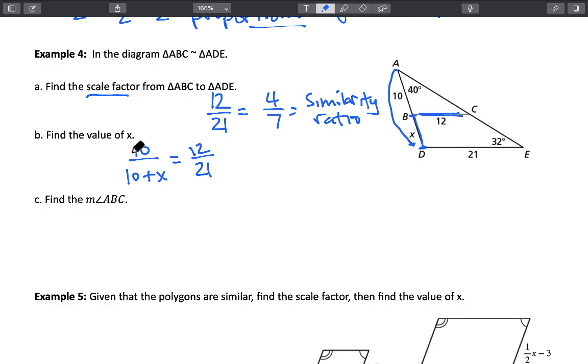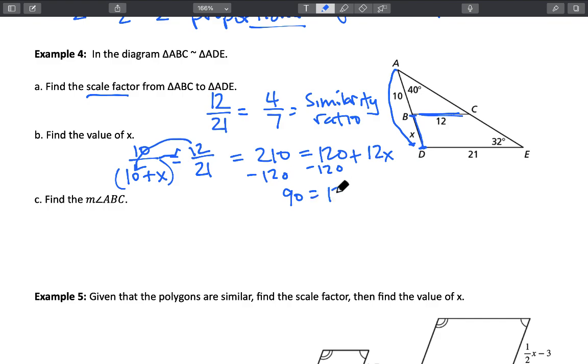All right, now we're going to take our cross product here. 10 times 21 gives us 210. And now we have 12 times this quantity, 10 plus x. So that's 12 times 10, which is 120, plus 12 times x, which is 12x. Next, we're going to subtract over our 120. All right, subtracting 120 from 210 gives us 90. 90 is equal to 12x.